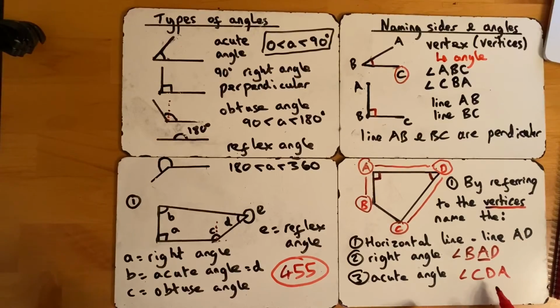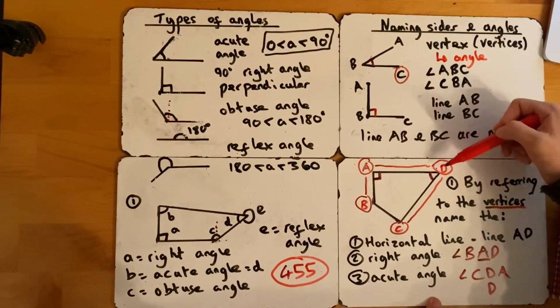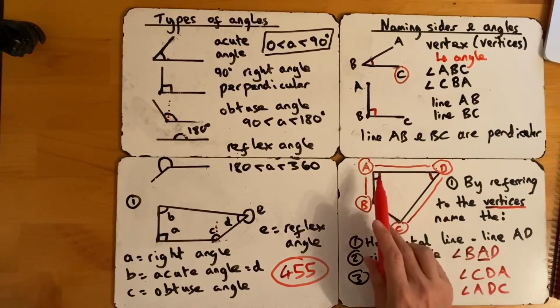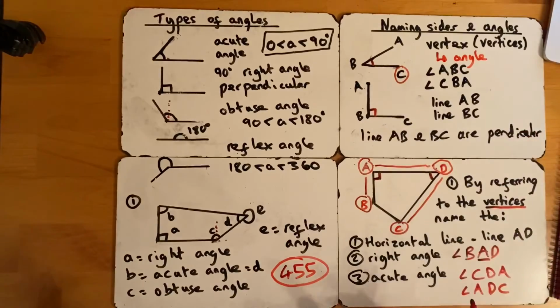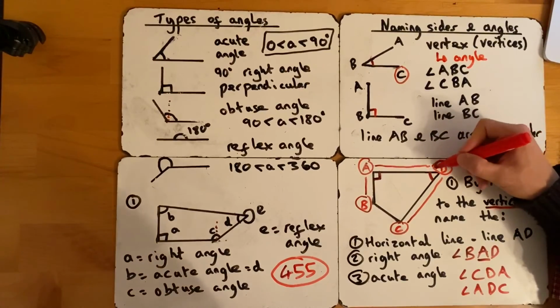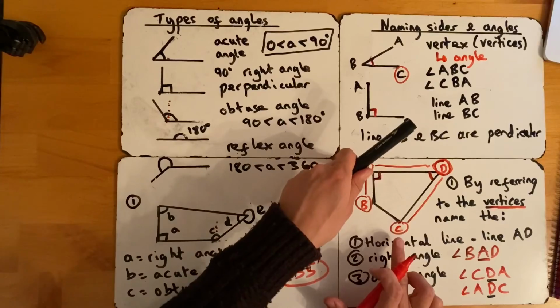You can also get full marks by keeping D in the middle but going the other way, from A to D to C. So angle ADC is correct as well. The main point is whatever angle you're looking for is the letter in the middle, and then it's just the 2 letters either side.